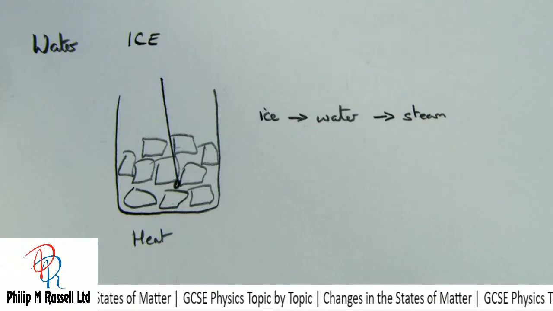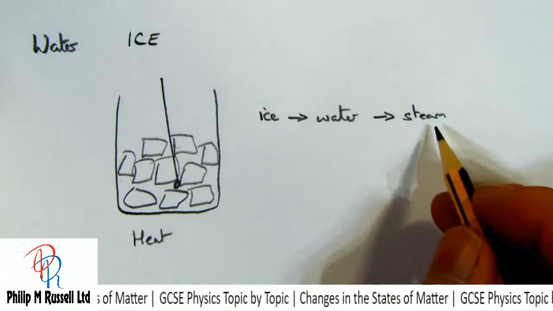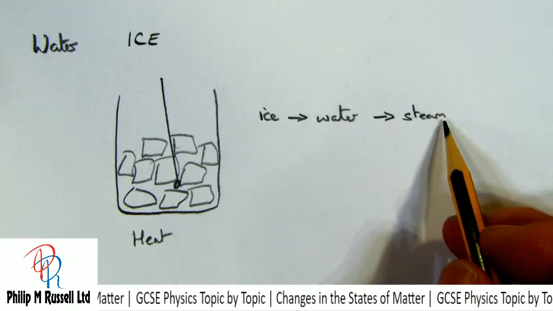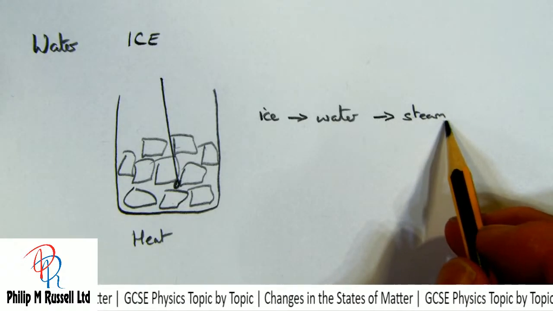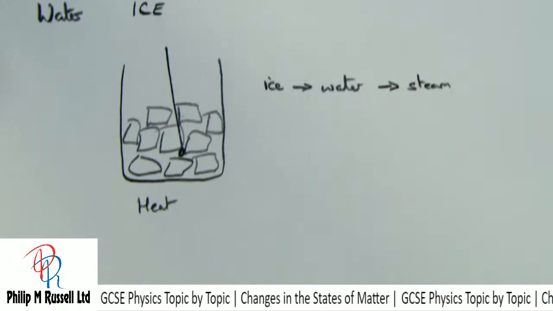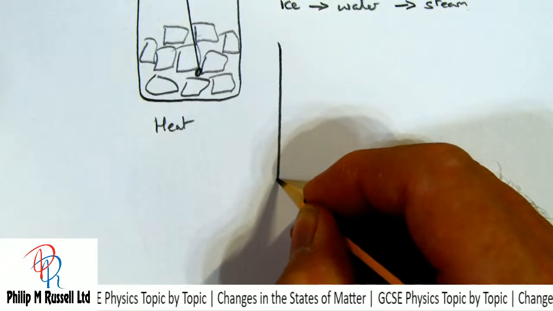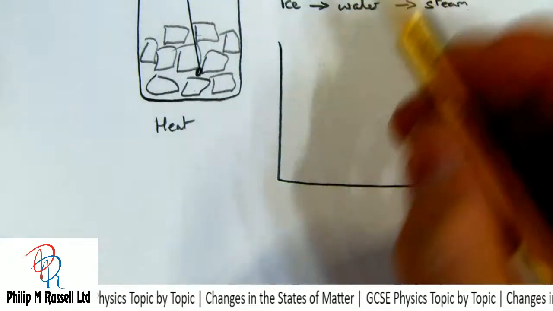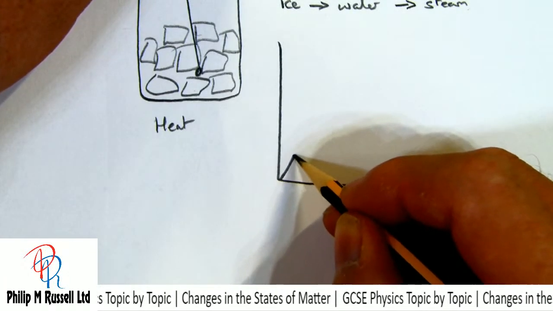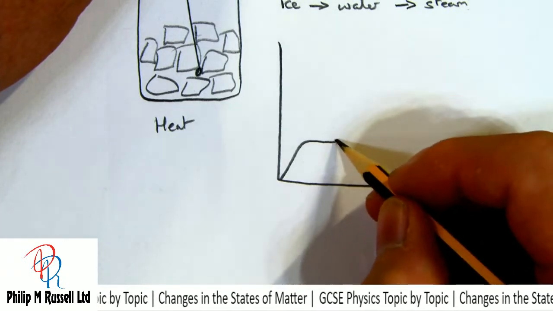What we don't do is to prove that we can actually do the next thing, which I find causes students an awful lot of problems, is that we can then heat the steam, and we can get the steam even hotter than 100. So if I look at a graph of this change of experiment, we start heating up, and our ice then turns to water, no temperature change.